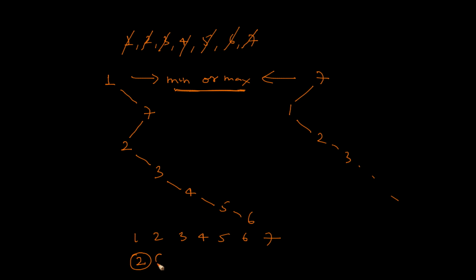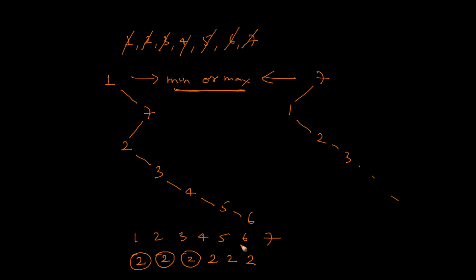For the second element, whatever 6 elements are left, again we have to choose minimum or maximum. So the second element can again be chosen in 2 ways. Third element, again it can be chosen in 2 ways. Similarly, the fourth element can be chosen in 2 ways, fifth 2 ways, sixth 2 ways.